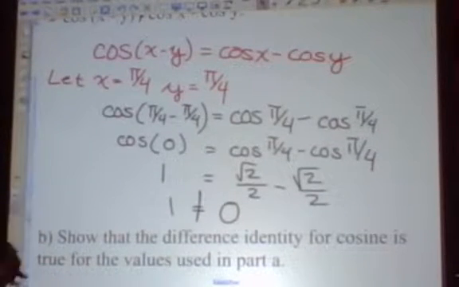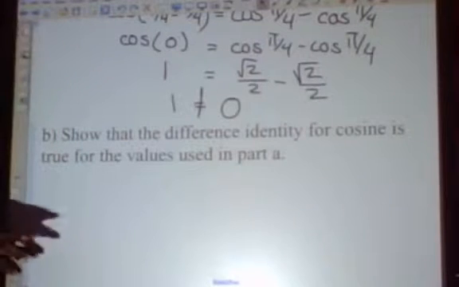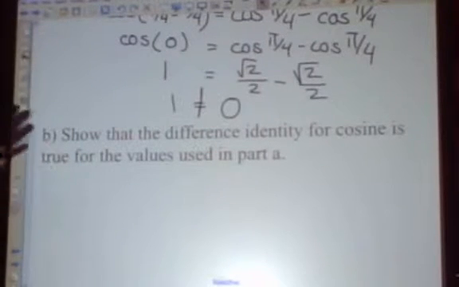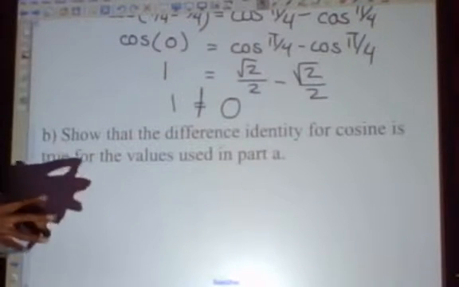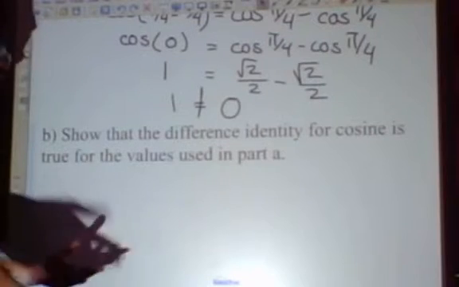The second part of this question says, show that the difference identity for cosine is true for the values used in part A. So for those values that we used, x equaling pi over 4 and y being pi over 4, we're going to put them into the difference identity for cosine and see if it actually is true, like we said it is, as an identity.